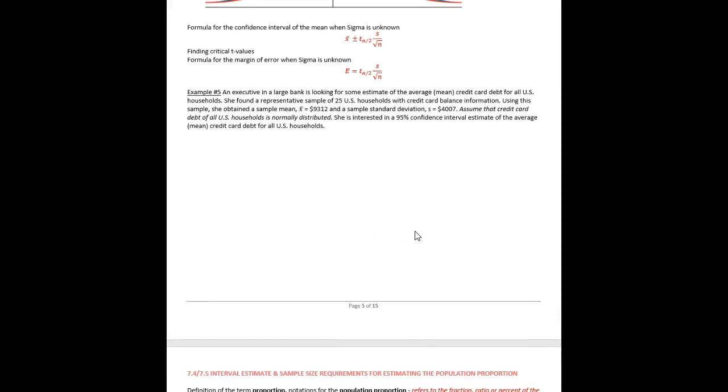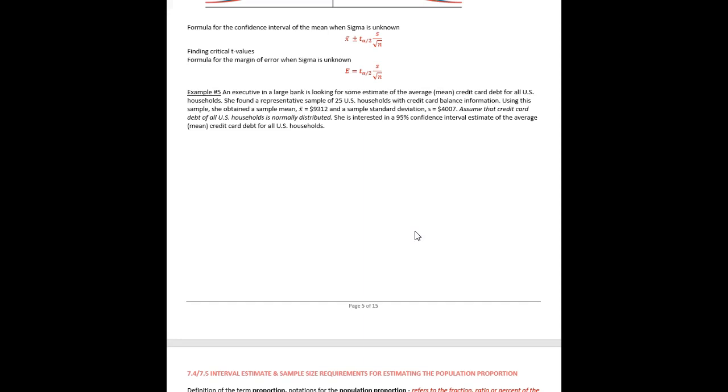An executive in a large bank is looking for some estimate of the average mean credit card debt for all U.S. households. She found a representative sample of 25 households with credit card balance information. Using this sample, she obtained a sample mean x bar equal to 9312 and a sample standard deviation s equal to 4007.